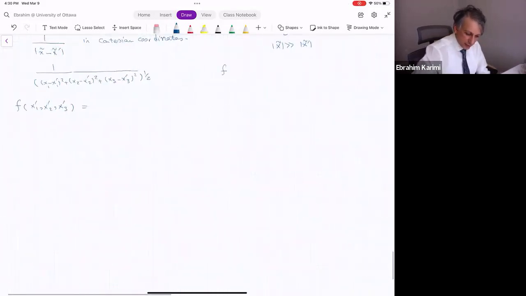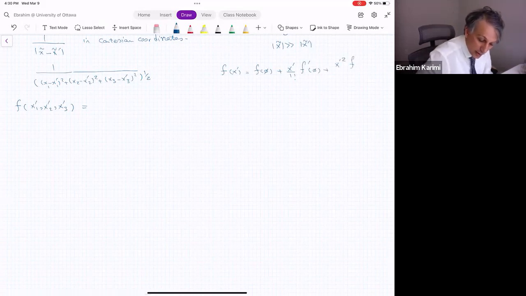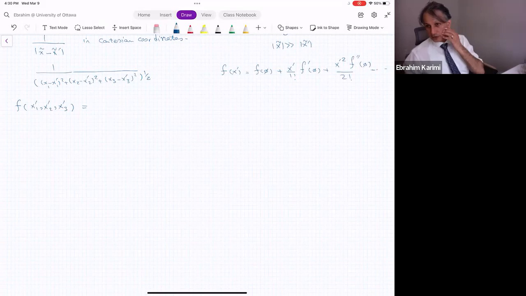How do you do the expansion of x prime? f of 0, plus x prime divided by 1 factorial f prime of 0, plus x prime power of 2 f second of 0 divided by 2 factorial, plus the other terms. This is a Taylor expansion. How do you do the expansions for a function which has 3 variables?